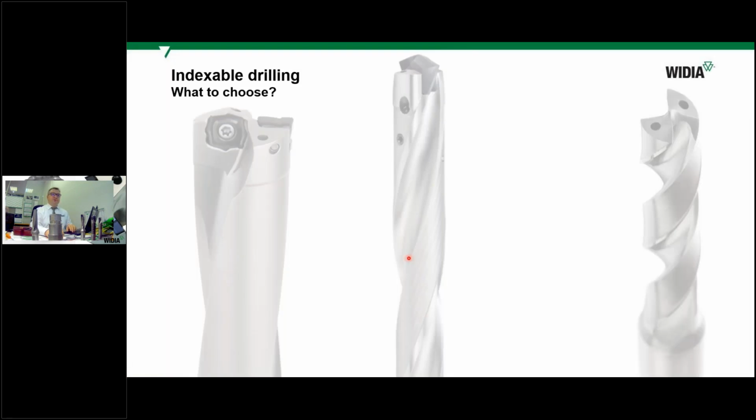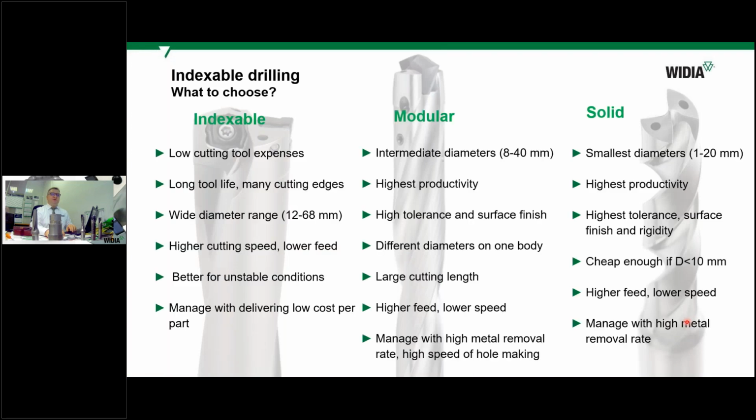So what to choose? Each kind of drill has its advantages. Solid carbide is the best for small diameters and not so expensive. The highest productivity, also high feed because usually it has 2 teeth, and as a result a higher metal removal rate.